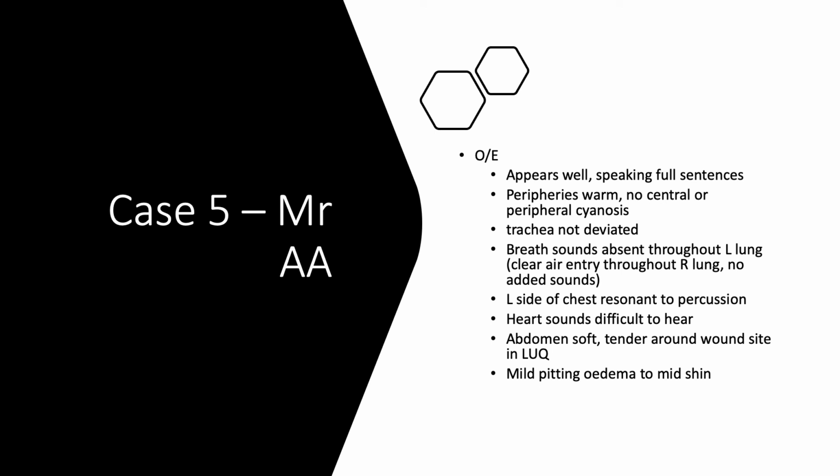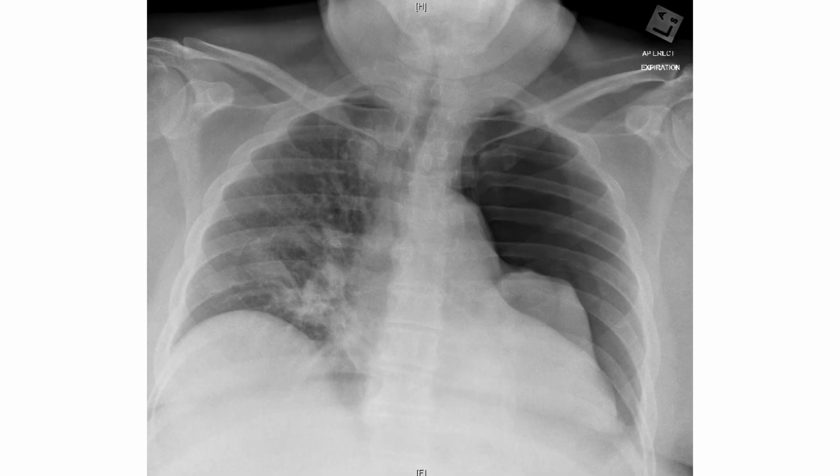And he's got some mild pitting edema to the mid-shin. And so you do a chest x-ray and find this, in case that wasn't glaringly obvious. You can see on the left side that he's got quite a large pneumothorax with no mediastinal shift, so it's not a tension pneumothorax.